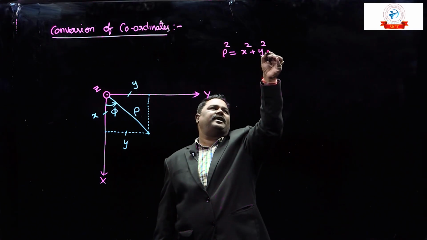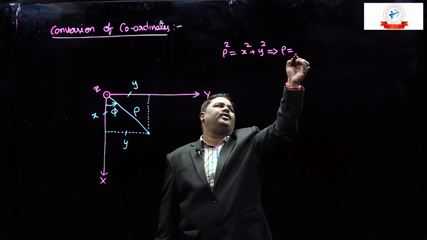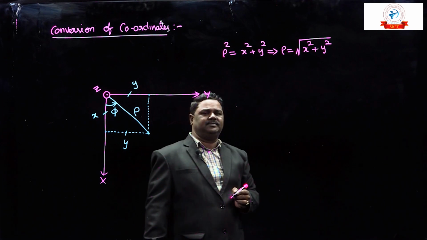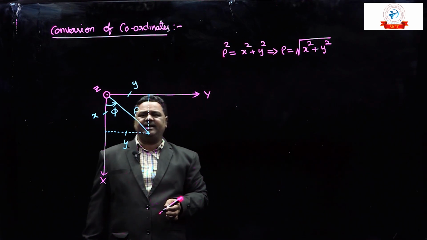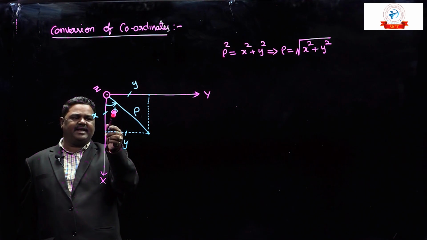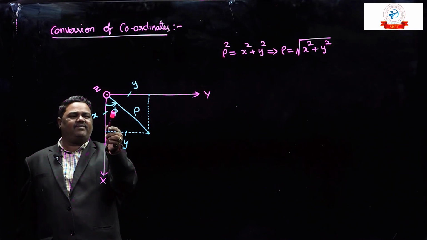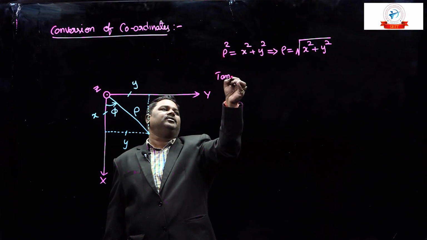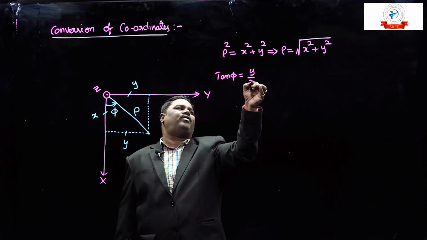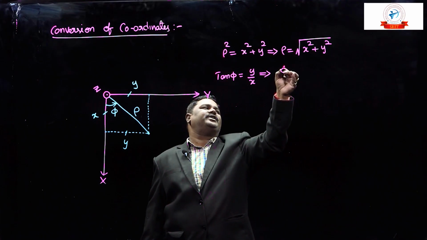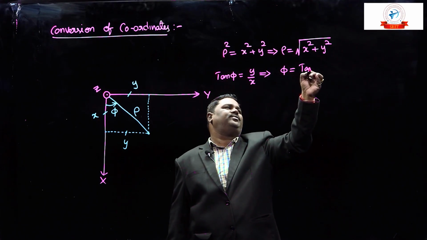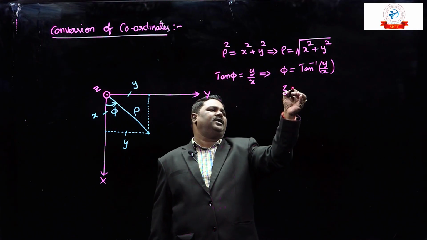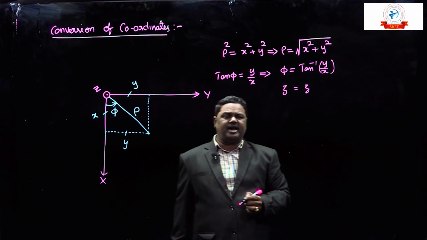So rho is equal to square root of x square plus y square. Similarly, from the same triangle, we have an angle phi. Tan phi is nothing but y by x. This implies phi is equal to tan inverse of y by x. And the z coordinate is the same in Cartesian and also in cylindrical.